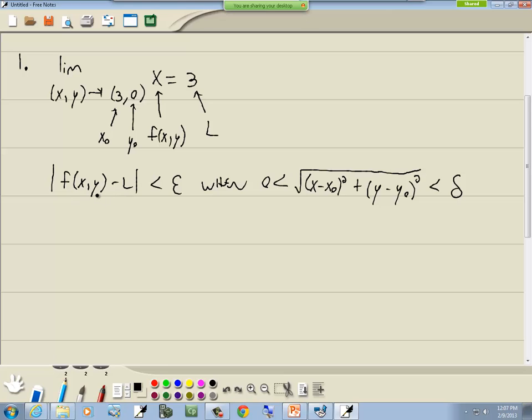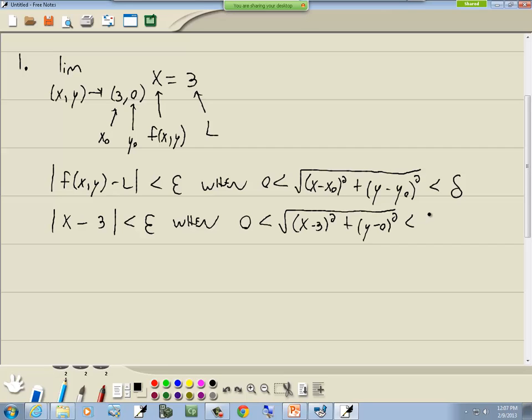Okay, let's start here. Plug in what we got. F of xy is x. So this is the absolute value of x minus L, which is 3, is less than epsilon when 0 is less than the square root of x minus 3 squared plus y minus 0 squared, less than delta.